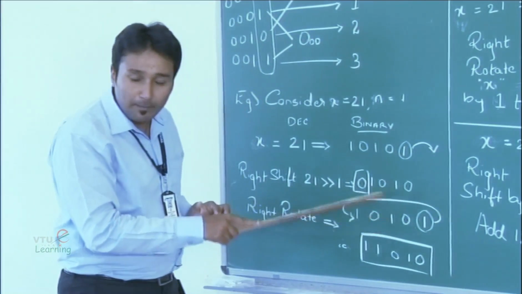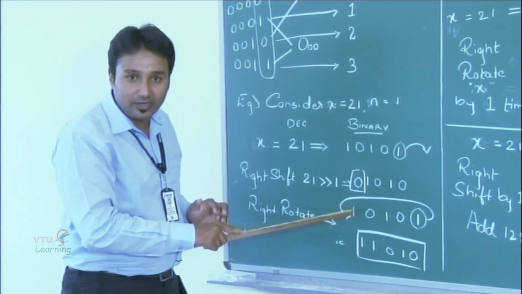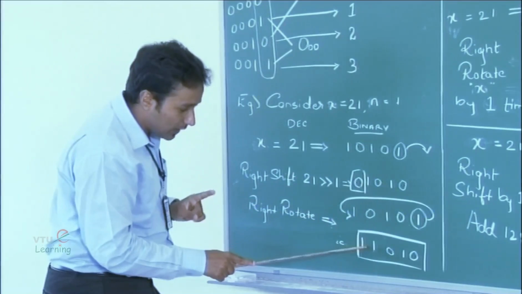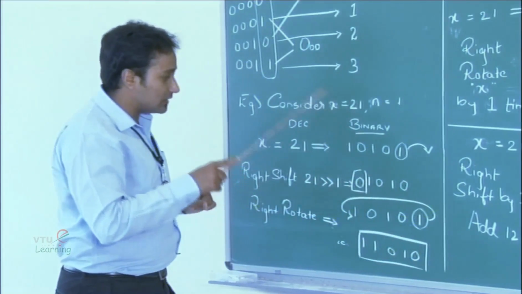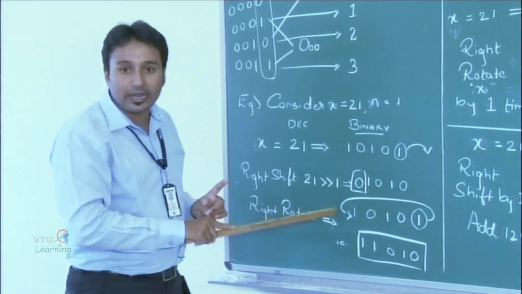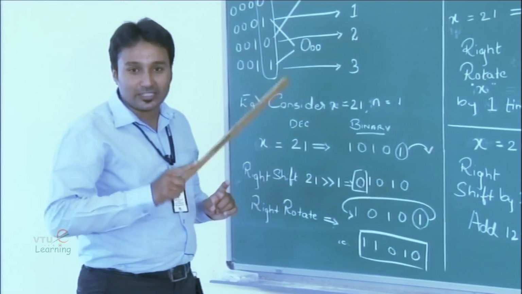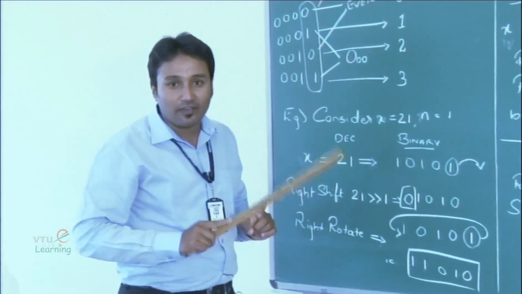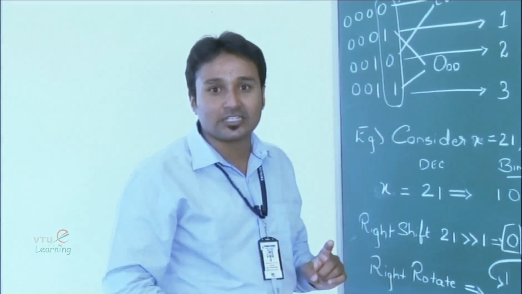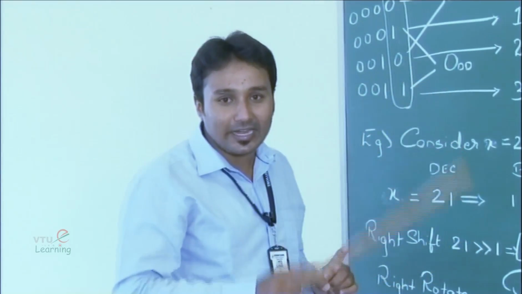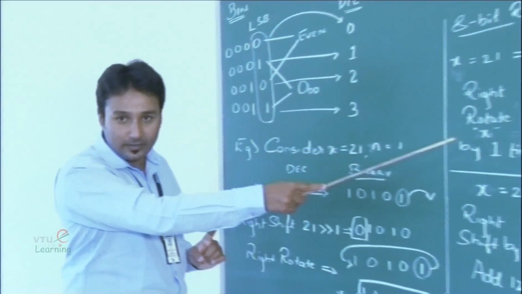Thus, the new number obtained after rotating 21 by 1 bit is 11010. This is how right shifting and right rotation work. Since in C programming we do not have any operator that supports rotation, we will mainly rely on shifting and adding a deficit number, which is explained here.